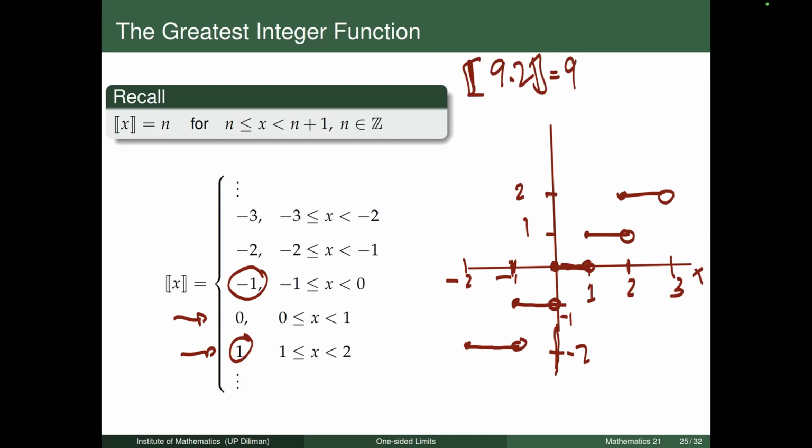So the integer that is smaller than it is what you equate it to. So if I have the GIF of negative 3.5, then the answer here is negative 4. Okay? So going to the left. So that's how we apply the GIF.